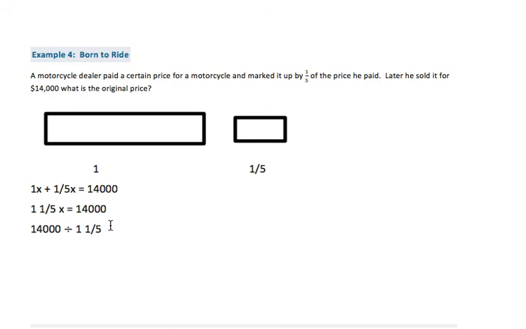Following the rules of dividing fractions, we would change $14,000 into an improper fraction with 1 in the denominator. 1 and 1/5 is actually 6/5 as an improper fraction, but we have to change that to its reciprocal in order to solve the problem, which would be 5/6. And then we'll multiply.